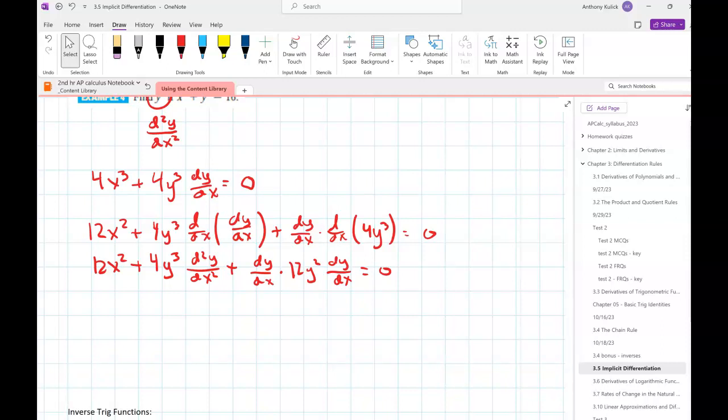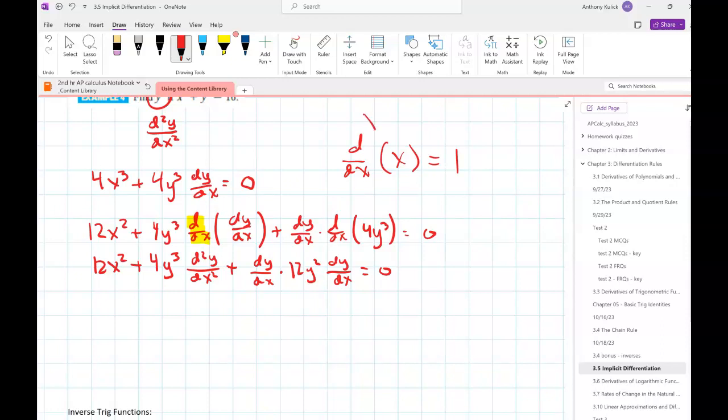The derivative of dy dx is d squared y dx squared. Let's just say the derivative. That's the symbol we use to say take the derivative of it. Right? It's like putting the square root, like d dx of x is equal to 1.